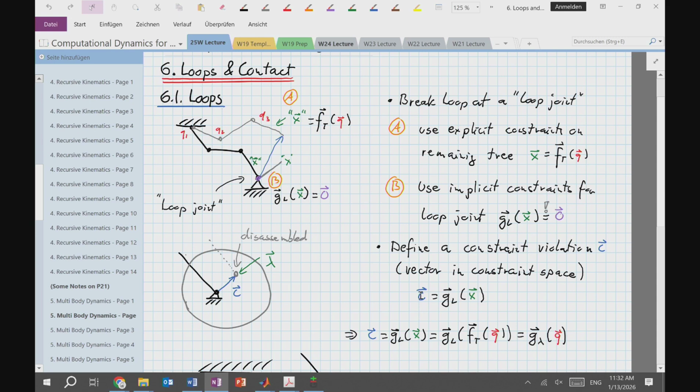And putting this together, since this is a function of x and x is a function of q, I can define a new additional implicit constraint that says this contact distance is directly a function of my generalized coordinates q.